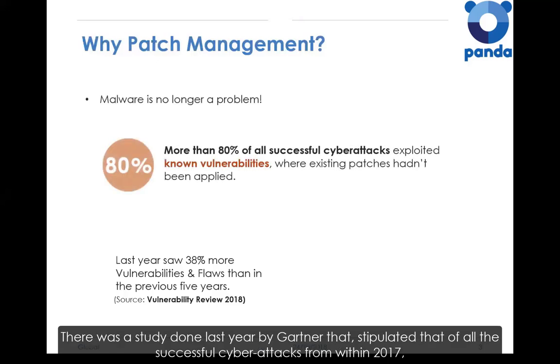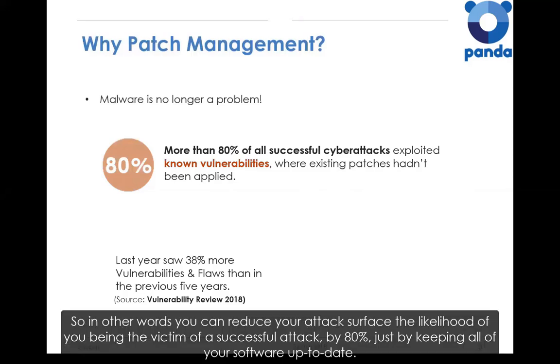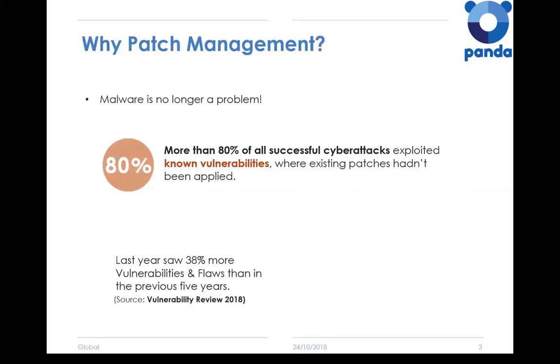There was a study done last year by Gartner that stipulated that of all the successful cyber attacks from within 2017, 80% of them would have been prevented if everybody had kept their software and their patching all up to date. So in other words, you can reduce your attack surface, the likelihood of you being the victim of a successful attack, by 80% just by keeping all of your software up to date.